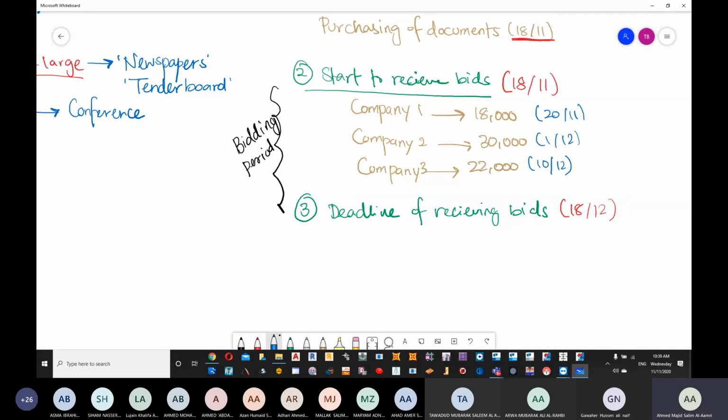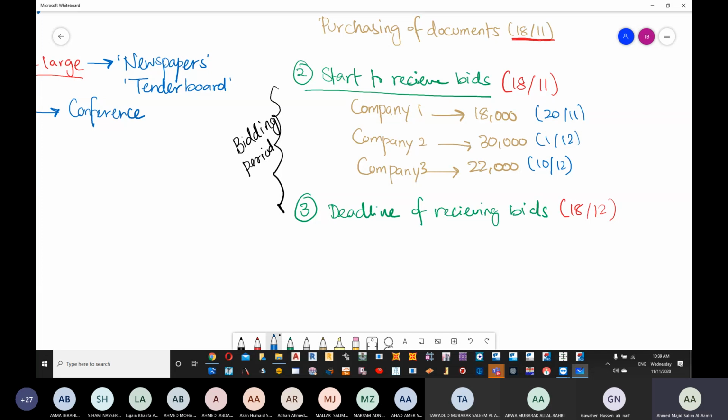People are going to choose the lowest one. The lowest one is company number one. That's the best offer. Company number one is saying that they'll do the work for 18,000 only.